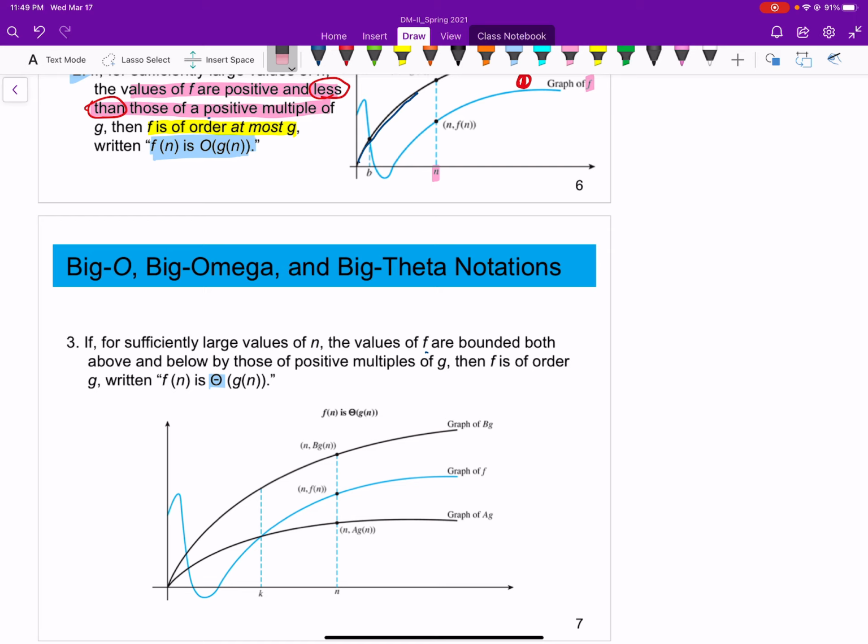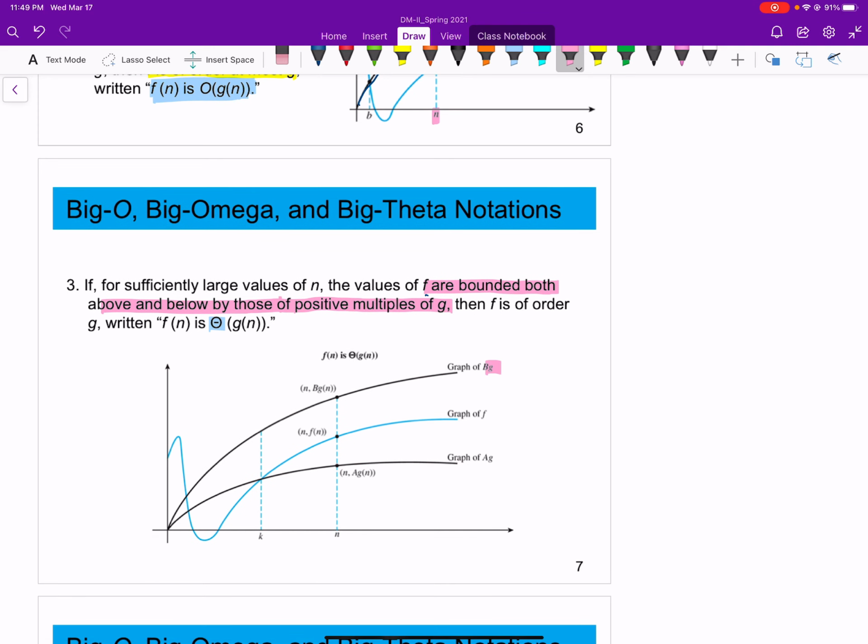And in this case, f is bounded both above and below by those positive multiples of g. So this is b times g, which is a positive multiple of g, and this is a times g, which is also a positive multiple of g.